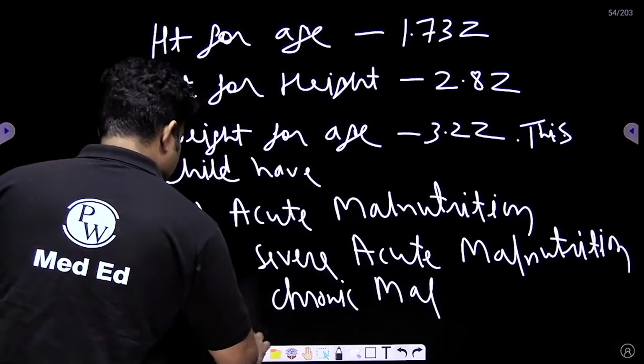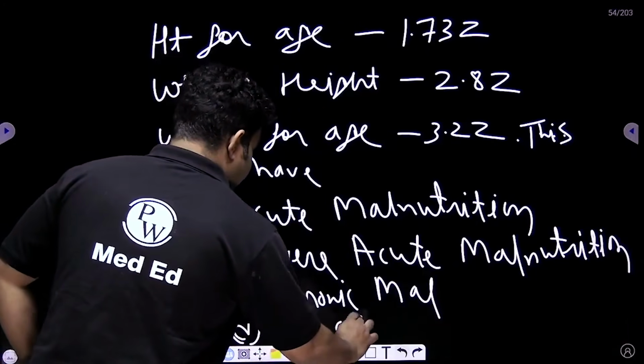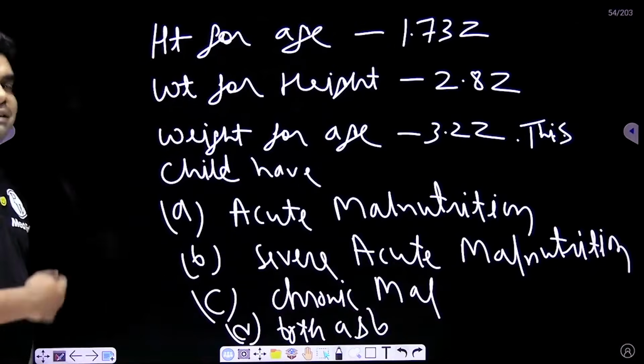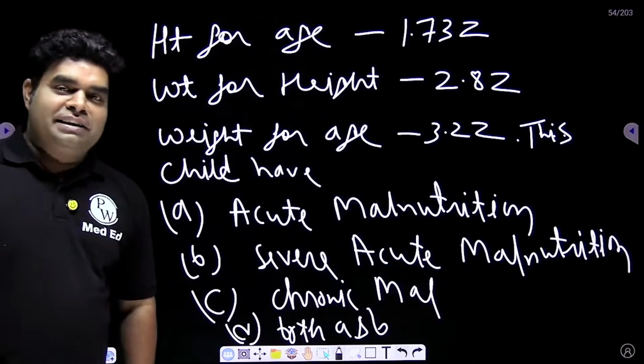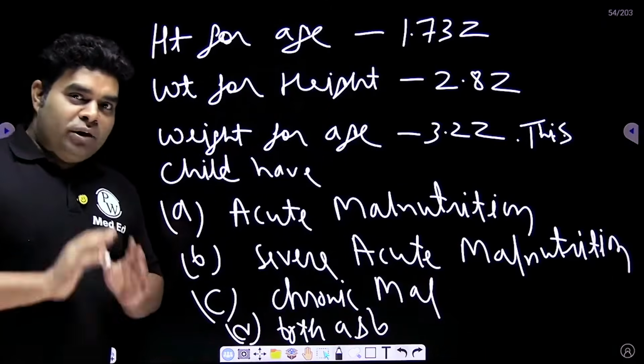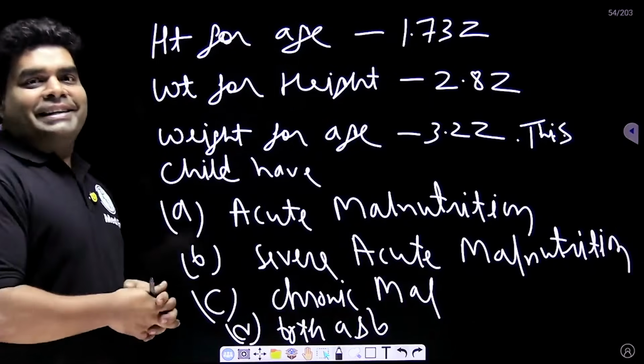Or option D, this child has both acute and severe acute malnutrition, both A and B. What is the answer? Now reply using the same concept which we just discussed. Pause the video and try to reply first, then move ahead.